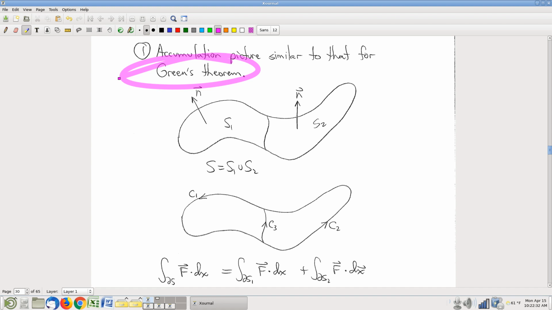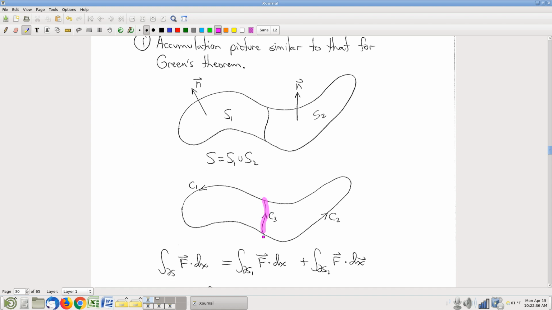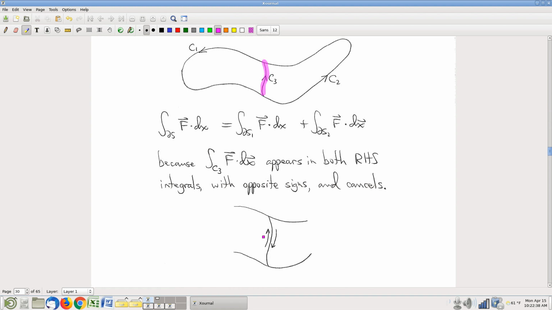It's the same idea. Specifically, on any given shared piece of curve, you're going to pass along that curve twice, once oriented that way, once oriented that way, respective of the orientations on the pieces of surface on either side. And so they cancel.